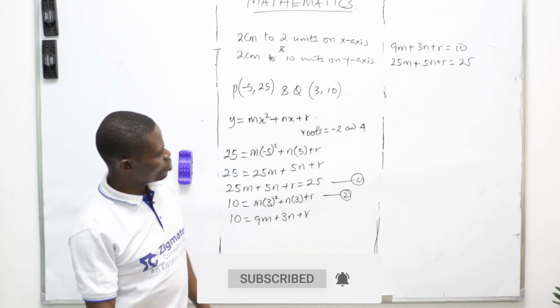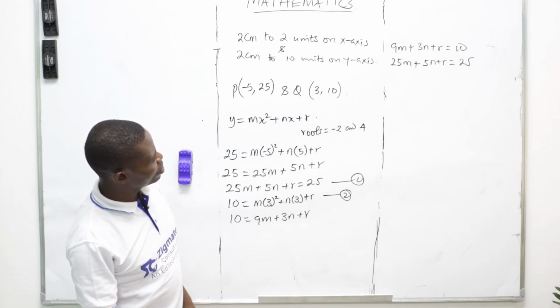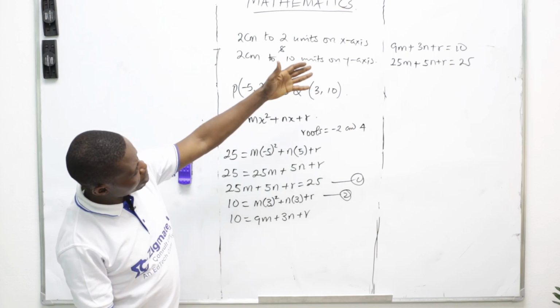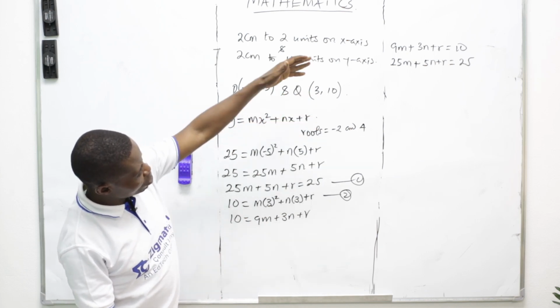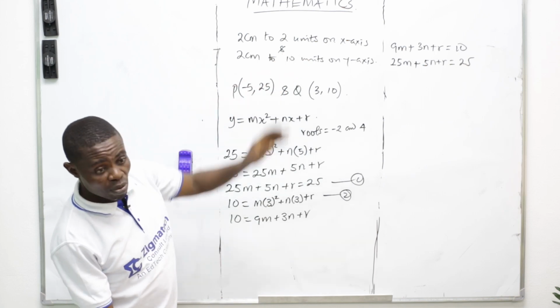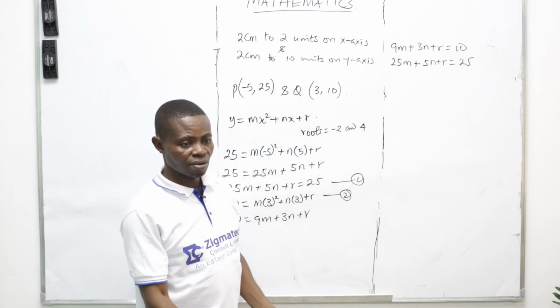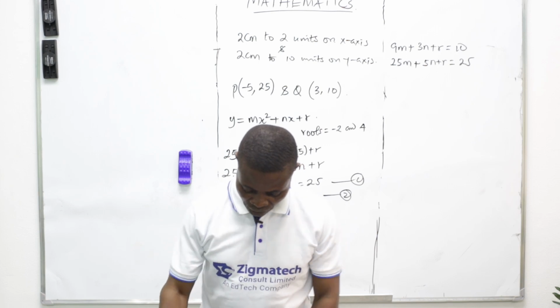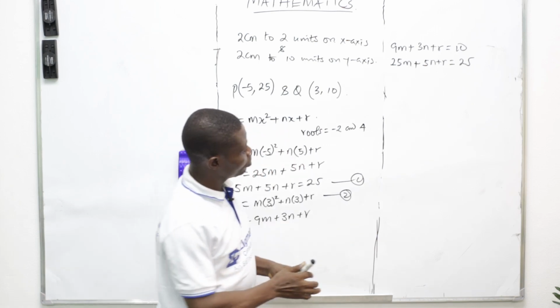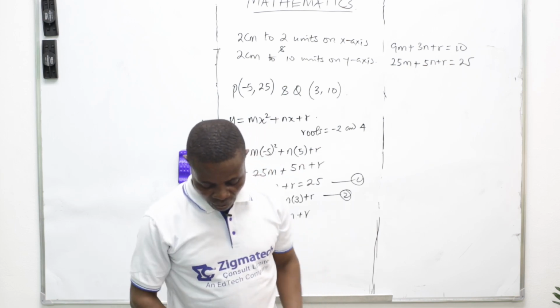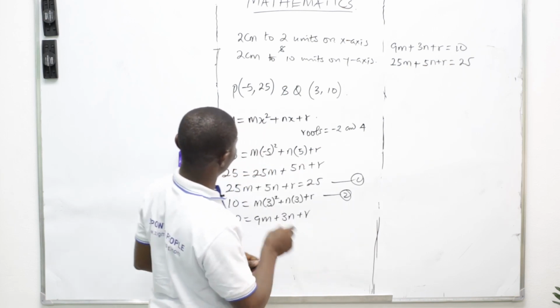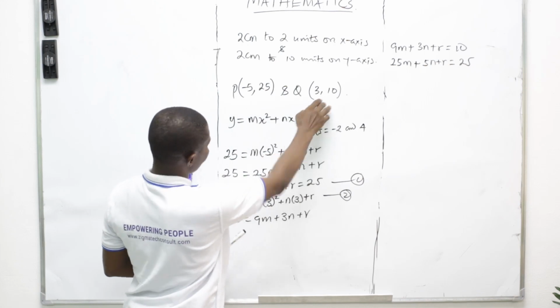Now you watch again. If you subtract equation 1 from equation 2, is it going to be feasible? No, because we have a constant r. So we press on with our gradient now.